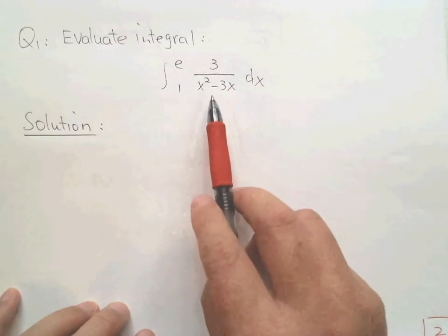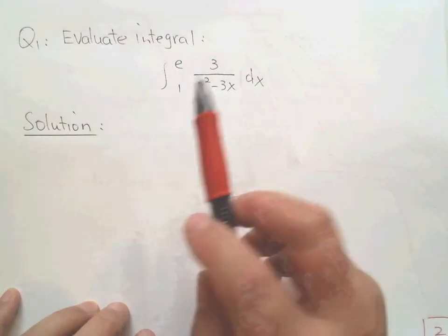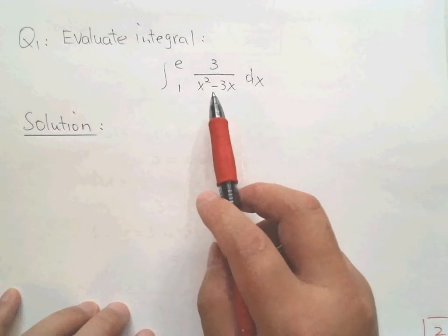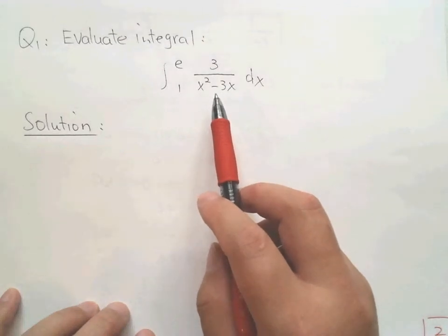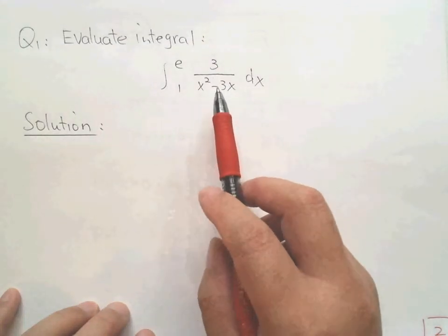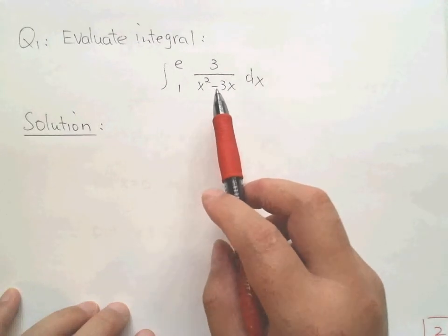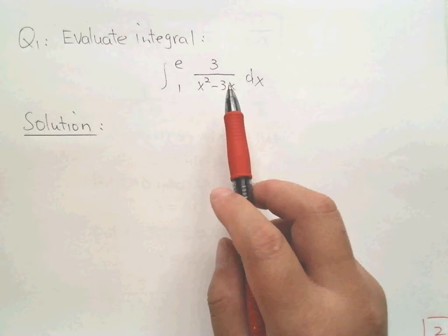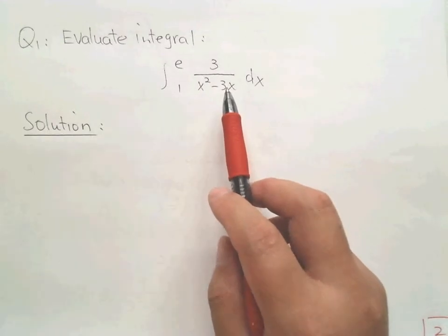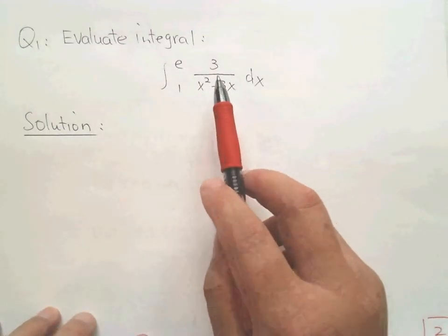So that's rational. But this is complicated. We do not have any formulas to directly tell you the antiderivative. However, we do have partial fractions to break this down into two easy fractions.